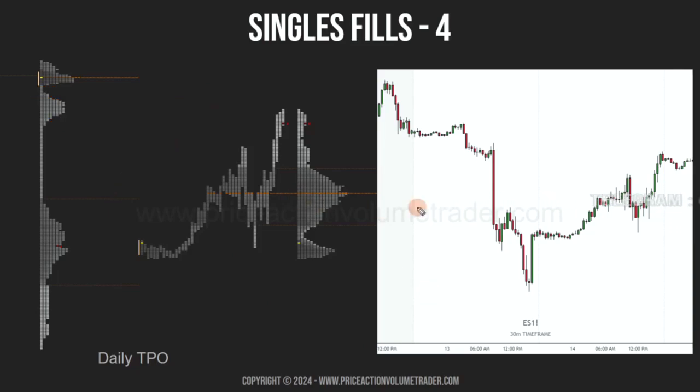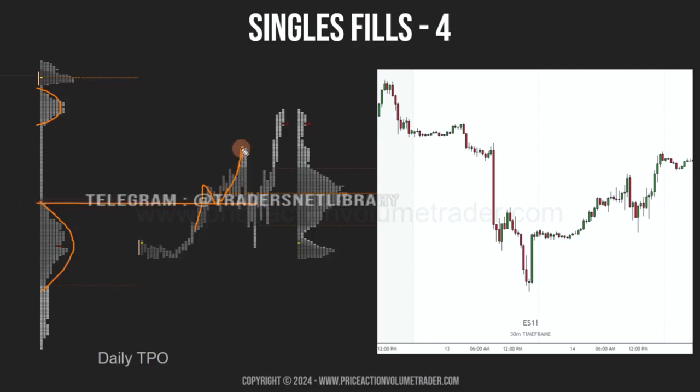And you can even see it right over here. We had this little node, then we had this bigger node here, and what do we have right over here? Market comes up into the singles area, and comes back and tests and starts holding and then pushes up more.